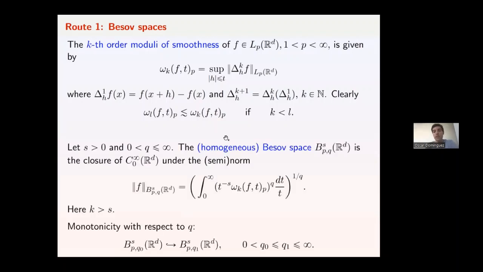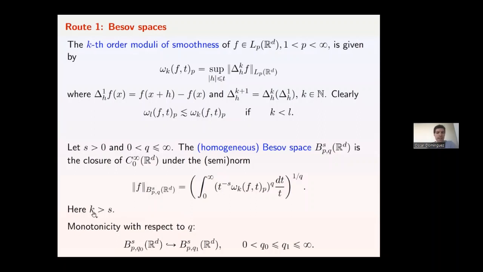Using the modulus of smoothness, one can introduce Besov spaces. So here we have 3 parameters. s is positive and it is related to the smoothness of your functions. p is related to the integrability, and q is the so-called fine index or summability index. So roughly speaking, we say that the function f belongs to this Besov space if the modulus of smoothness has a certain decay near 0 and near infinity in order to get that this integral is convergent.